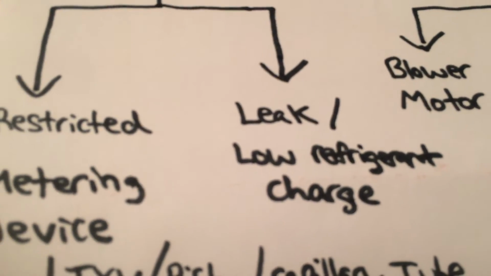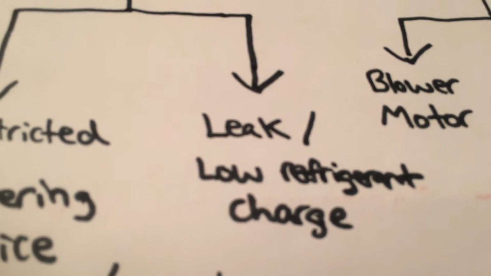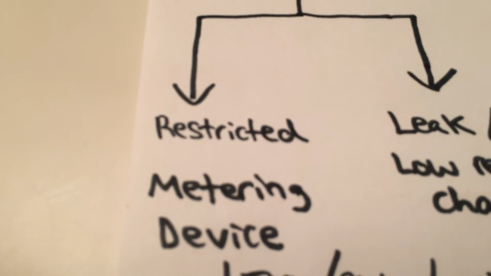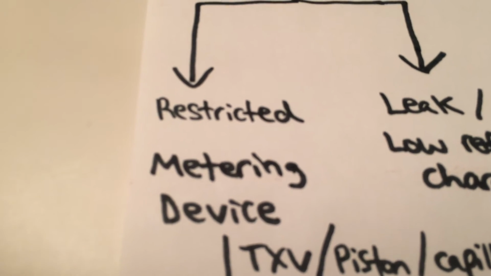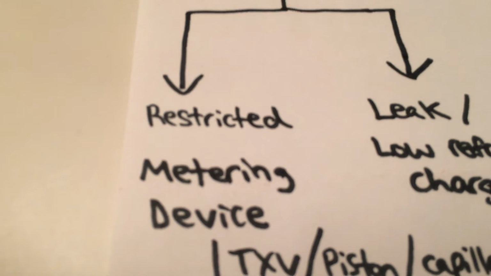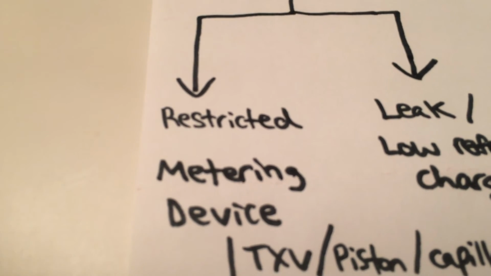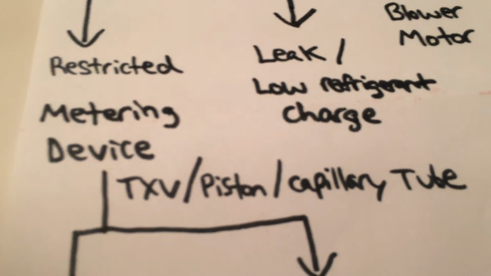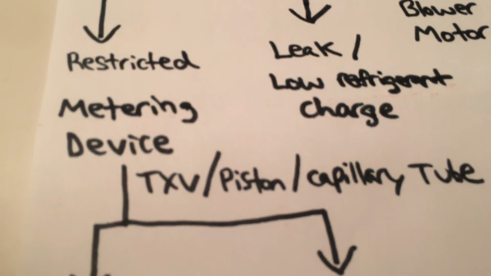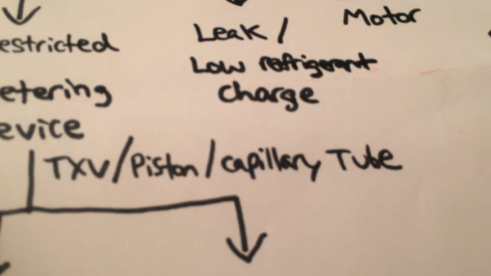So, low refrigerant charge or a leak in the system. And the other category, a restricted metering device, is also not going to feed the evaporator properly, and we'll end up with a low pressure condition as it's being starved of refrigerant. So in this category of metering devices, we have thermal expansion valves or TXVs, a piston, or capillary tube.